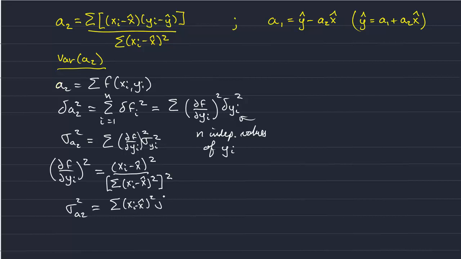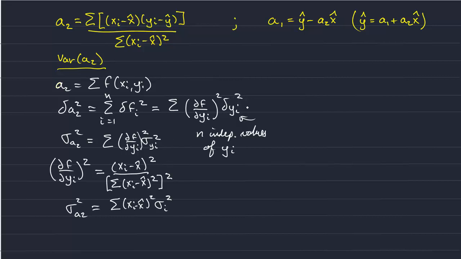times sigma i squared, the deviation of each measurement from, again, the regression line. Because that's our estimate.